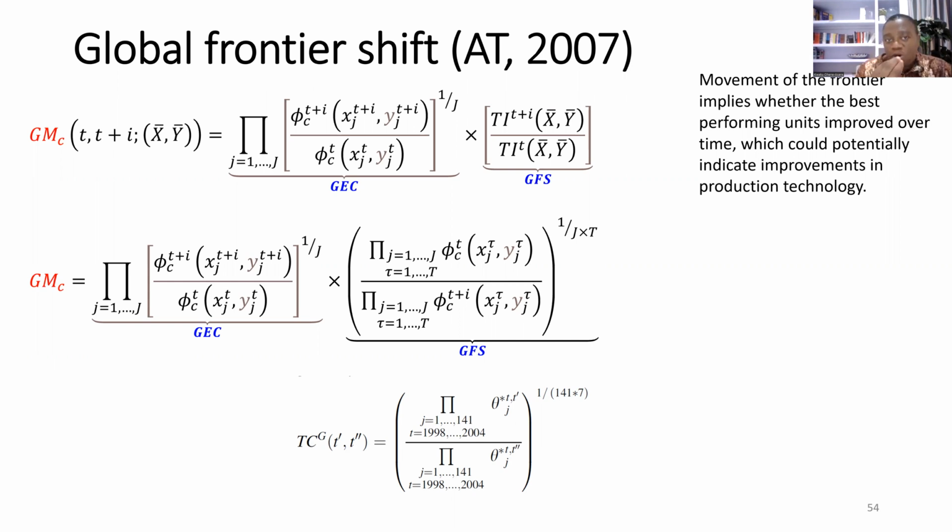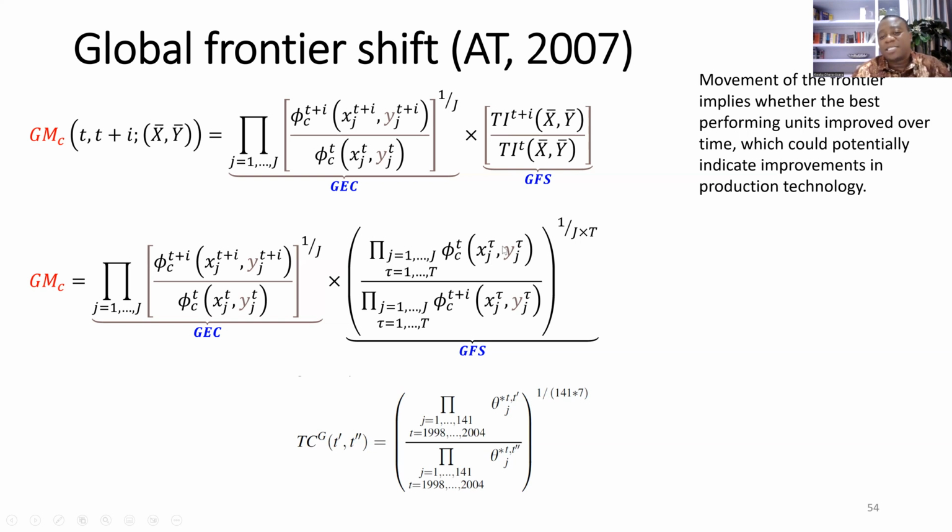That is not a focus. The focus we are going to do is the global frontier shift here, the right-hand side. How do you calculate that? Well, watch it. It's a technology index of year T plus I divided by the technology index of year T. What does that mean?